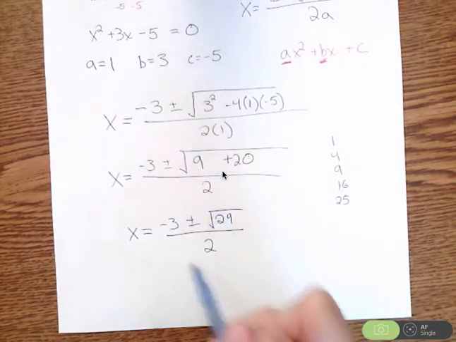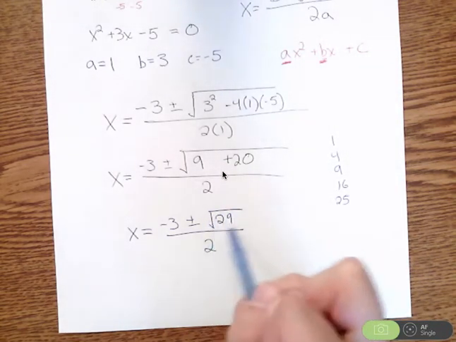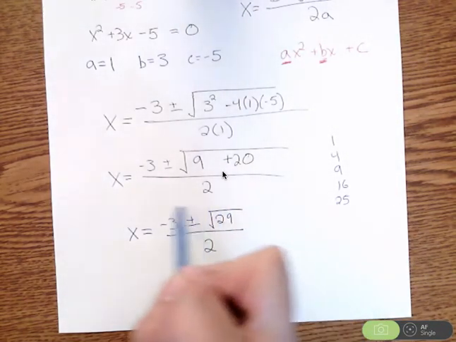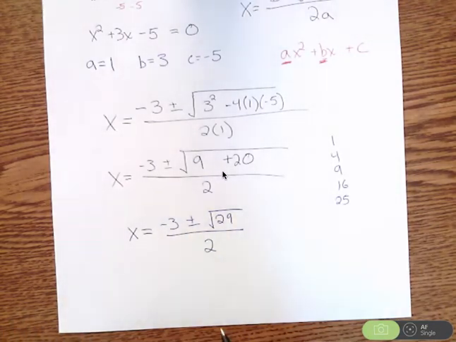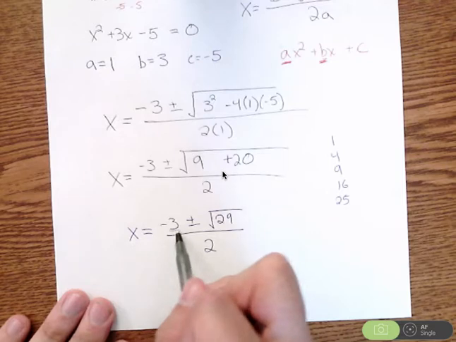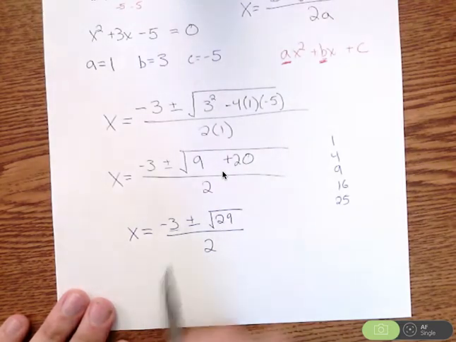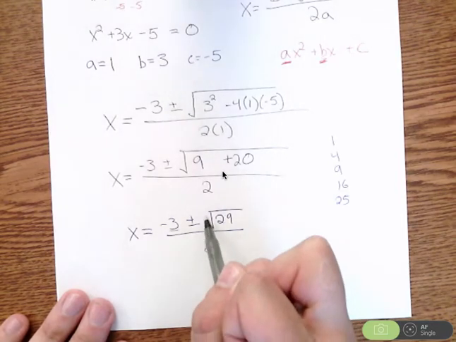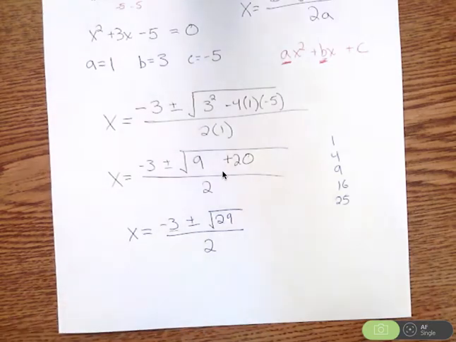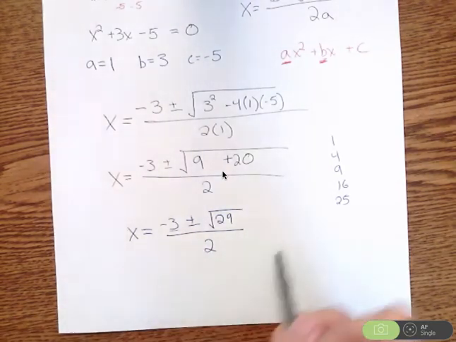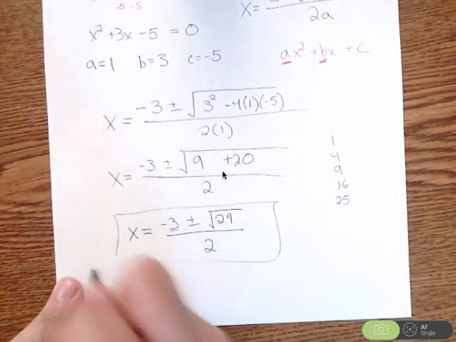What you'll find is I cannot do that, so I cannot simplify the radical. Other ways you would look to simplify this is to see if I can take negative 3 divided by 2. That's going to give you a decimal, so I'm going to leave that alone. And I would look to see, can I take the square root of 29 divided by 2 and simplify that? There's nothing you can do, so this alone will be my answer.